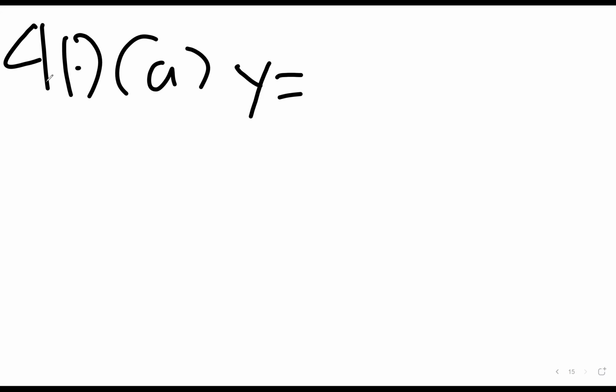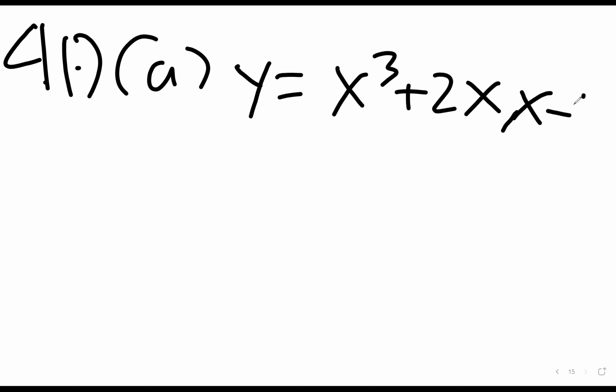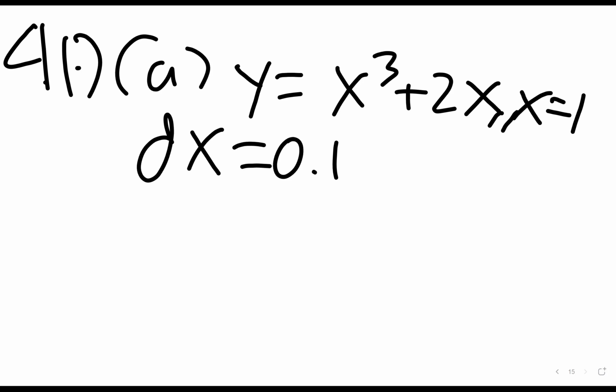So y equals x cubed plus 2x, and here we have x equals 1 and dx equals 0.1. Now the question is what is the value of delta y and dy.